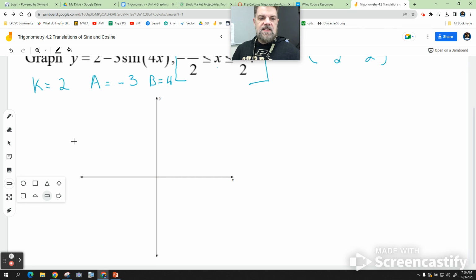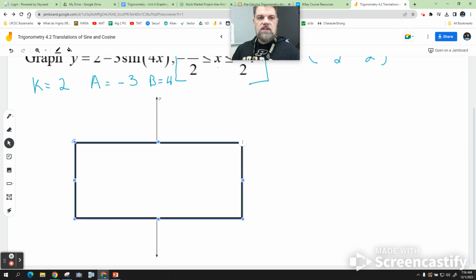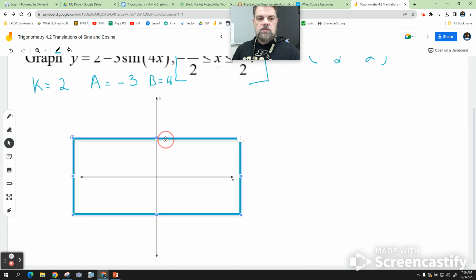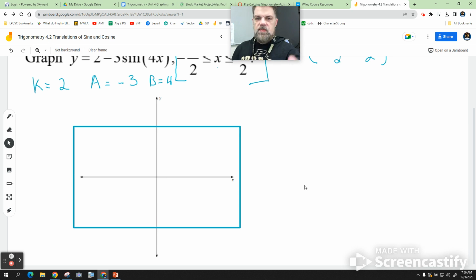So I like to sketch out a little line or whatever. Normally I just draw dotted lines, but this software doesn't let me draw dotted lines. So what I'm going for is I'm going to go from 3 to 3.